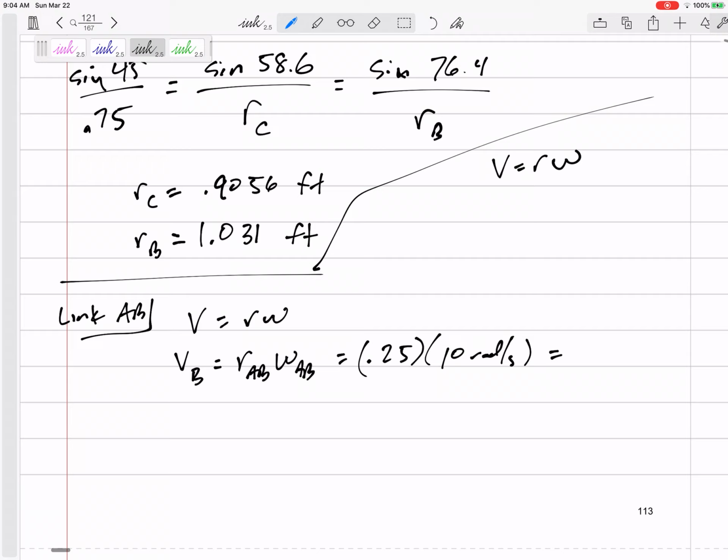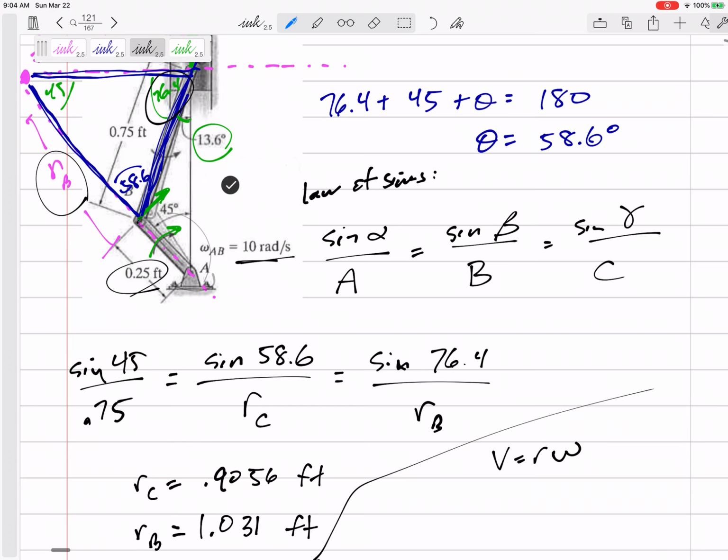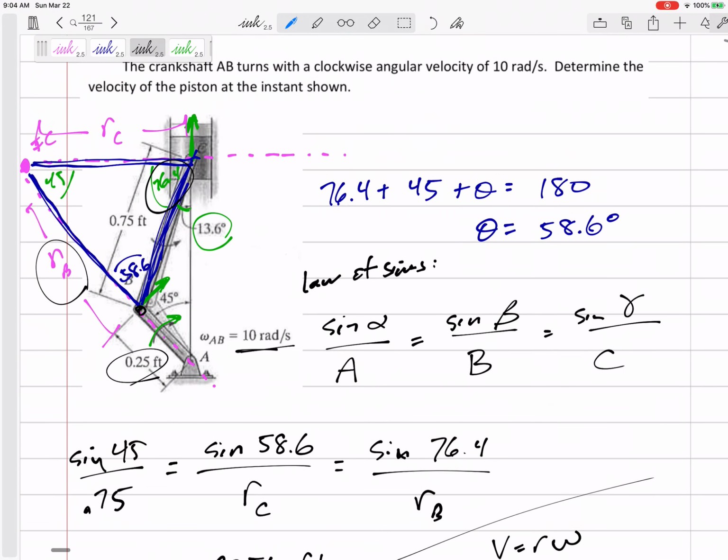So 2.5 feet per second would be the velocity of point B. Now, I'm staying with that point, but instead of looking at link AB, I'm looking at my bar BC, which I'm pretending is glued on top of this imaginary disc whose instantaneous center is right there at the top left.